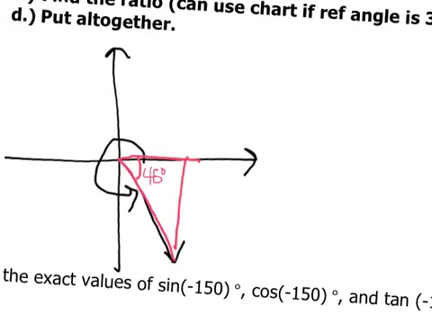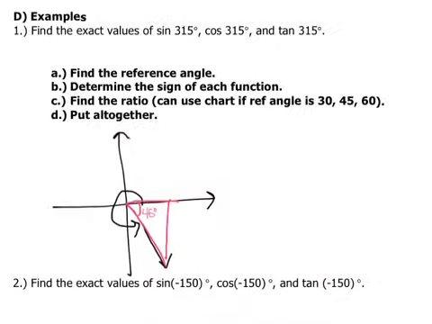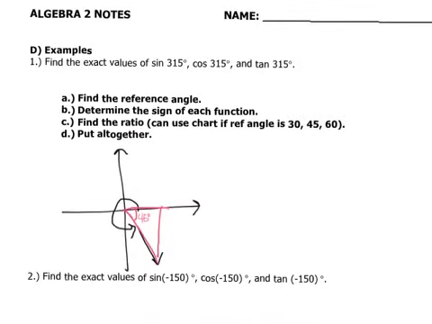Okay, the measure of that reference angle is 45 degrees. What that means is this. Sine of 315 degrees is equal to the sine of 45 degrees, with the exception of a possible sign change, meaning plus or minus sign change, which we'll get to in a moment.